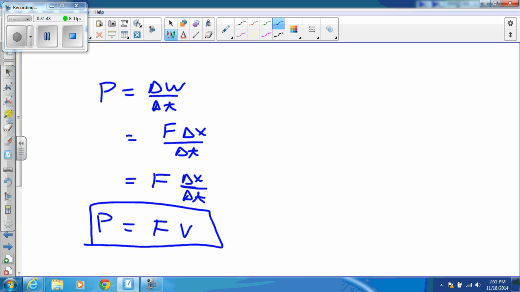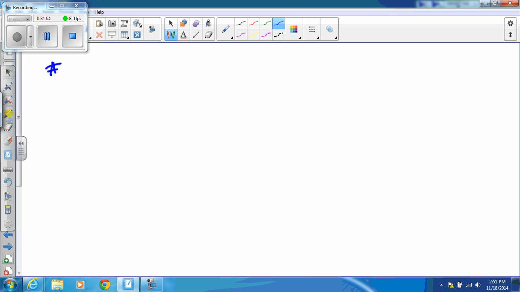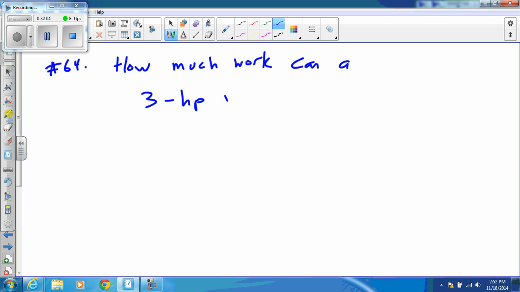I'd like to take a look at number 64. How much work can a 3-horsepower motor do in a time of 1 hour?